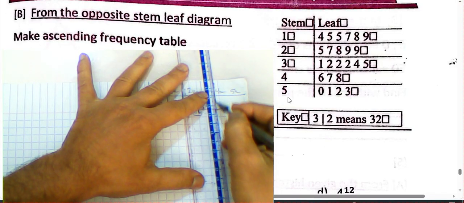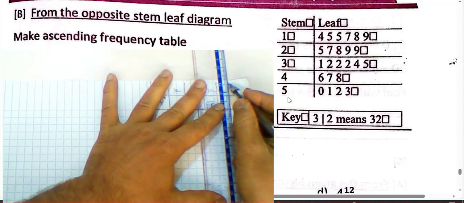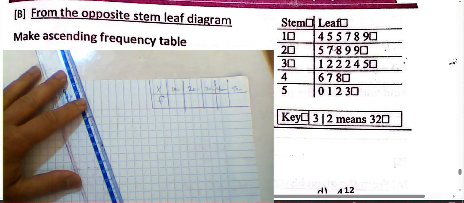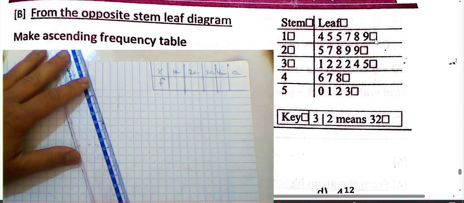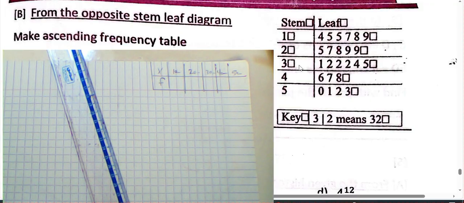You can count the numbers from stem and leaves. Look at here, how many numbers? 0, okay? This number will be 0. Okay, 1, 2, 3, 4, 5, 6. It will be 32.